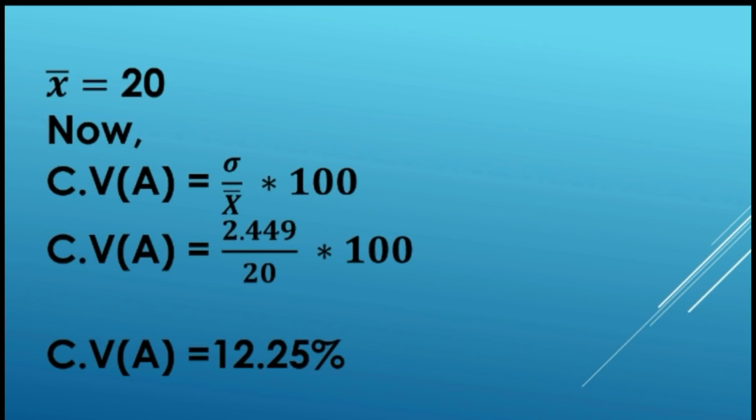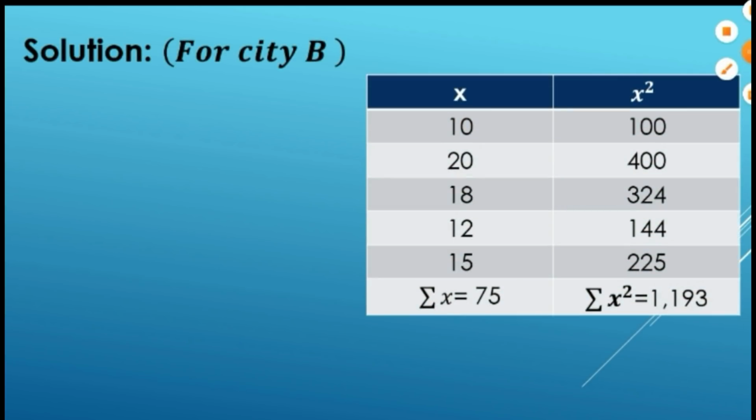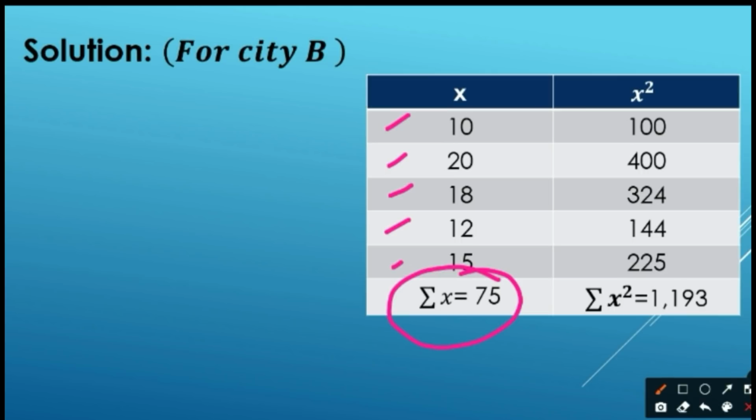Now we are going to find out the coefficient of variation for city B. We have x, that is 10, 20, 18, 12 and 15. Their summation is 75 and 10 square is 100, 20 square is 400, 18 square is 324, 12 square is 144, 15 square is 225, and summation x square is 1193.